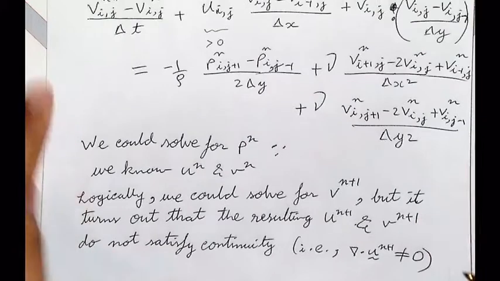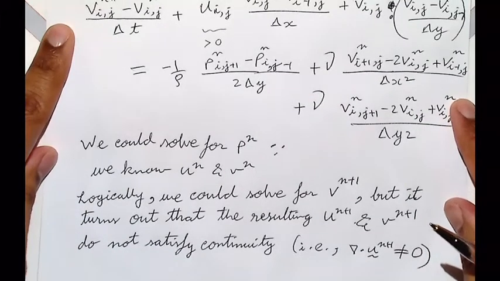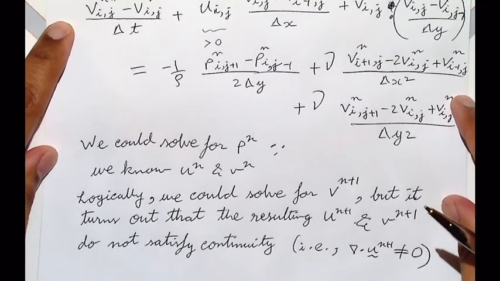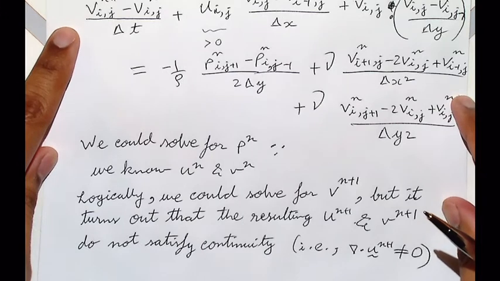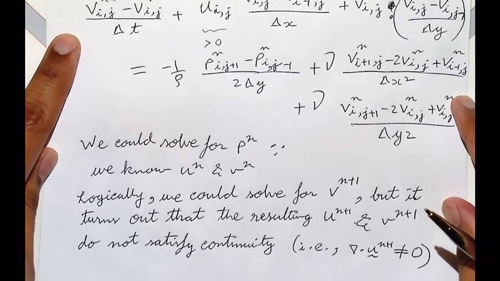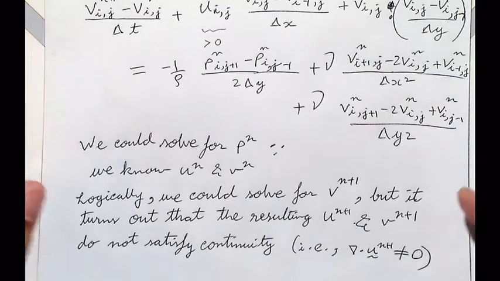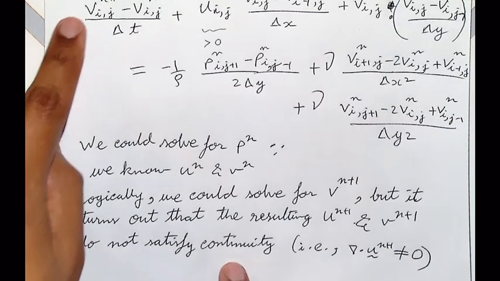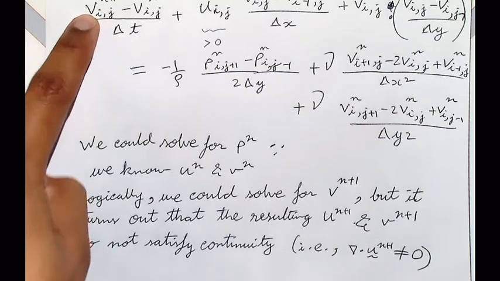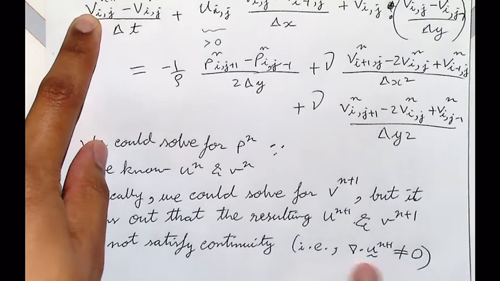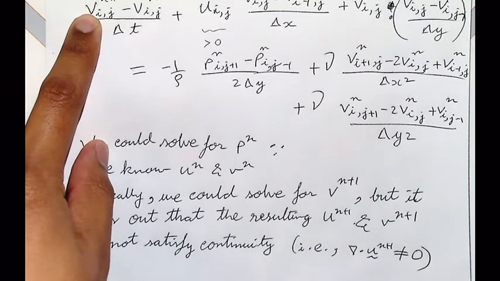There's many things happening here, right? There's discretization errors, there's precision errors, and all of this keeps piling up. And when you solve for V and U, you are not imposing this condition that at the next step it should be equal to 0.